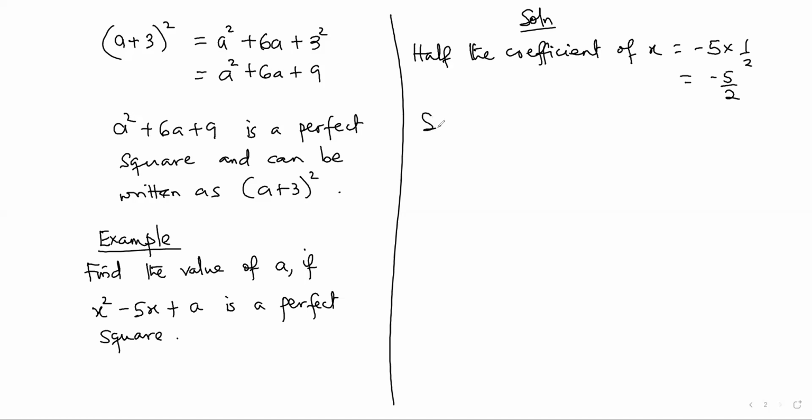Then we will square it. And when you square negative 5 over 2 all squared, you'll be getting 25 over 4. So it means that my a is 25 over 4. So 25 over 4 is the perfect square.